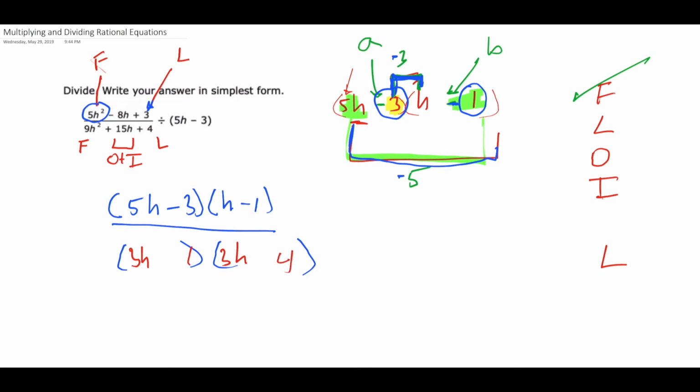If we did that, what's our outside going to give us? All right, which is 15. And they're all positive, right? So what does that mean? Yep, positive, positive. What do I put on this side over here on the right of the problem?